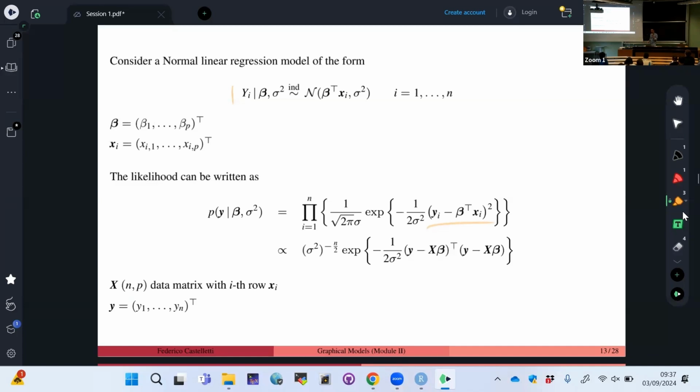This is the usual likelihood function, where y is now our n-dimensional vector with our n responses y_1 to y_n, and bold X is our n by p data matrix, with each row corresponding to one of our n observations, so the levels of the covariates for individual i. This is our likelihood function.